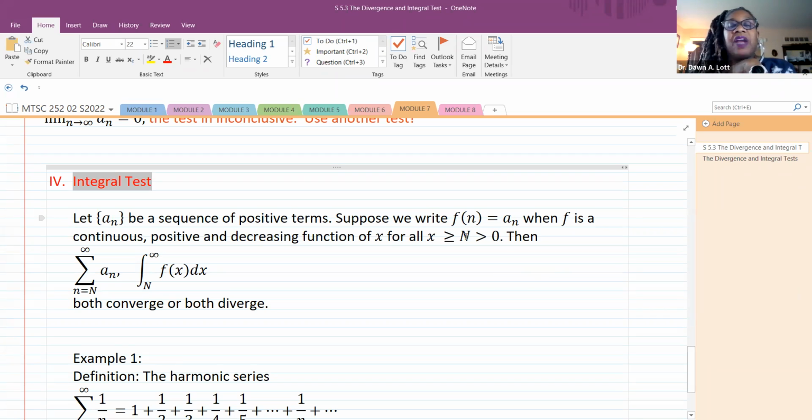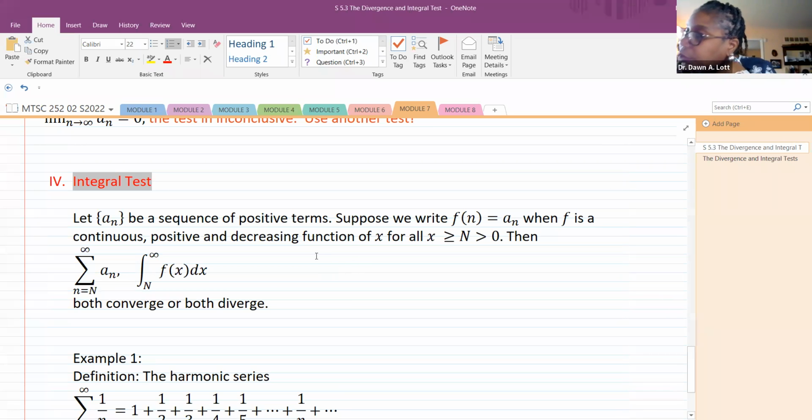Now it says after a particular value n, I'm not asking you to find that value of n, I'm just saying after a certain point, the function is continuous, positive and decreasing. So what do I mean if I have the series?